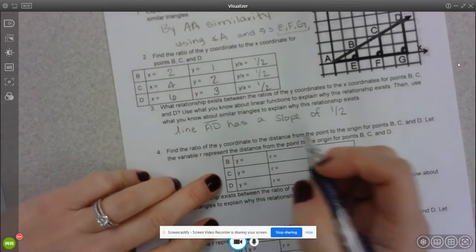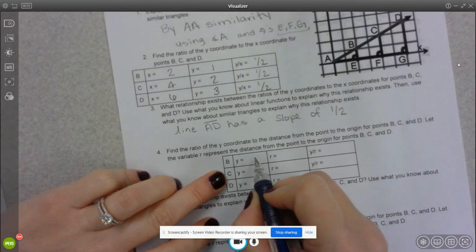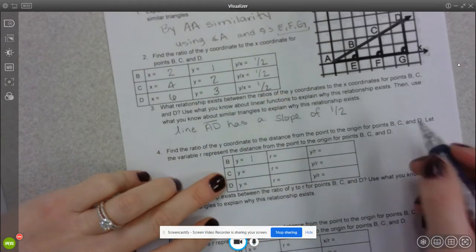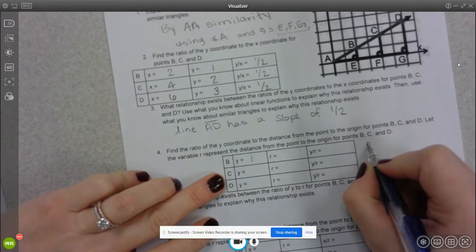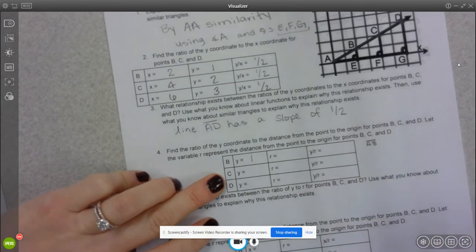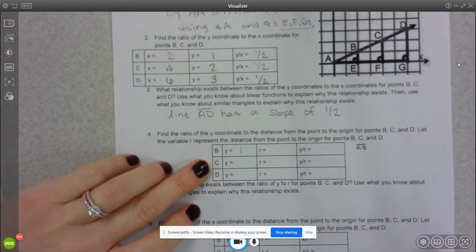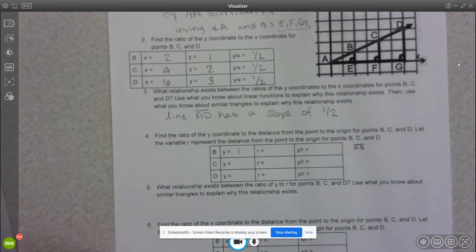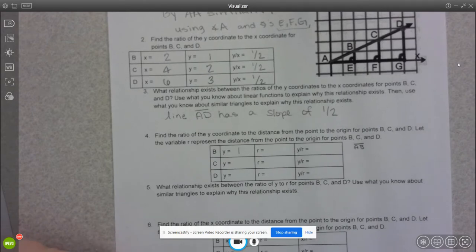So for this, my Y value was 1 for point B. But I need to find the length of AB. And I'm going to actually use Pythagorean theorem. So a squared plus b squared equals c squared.